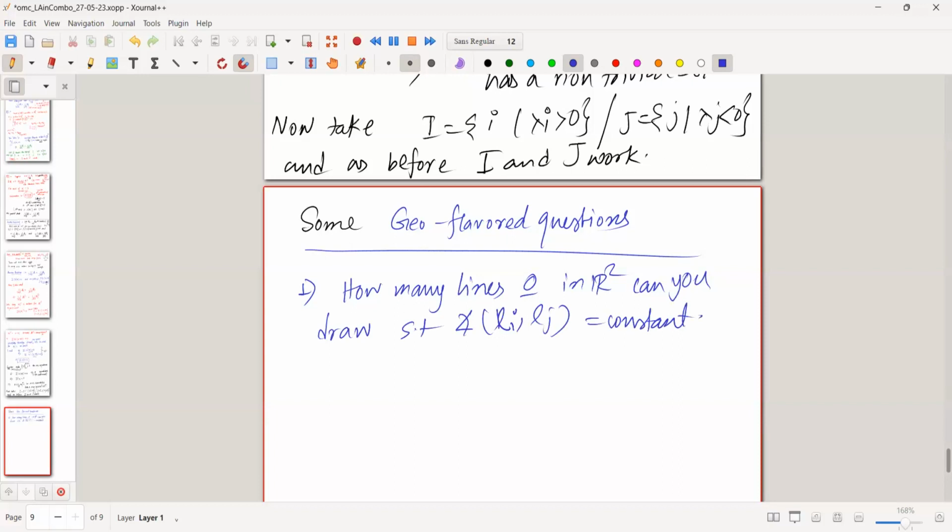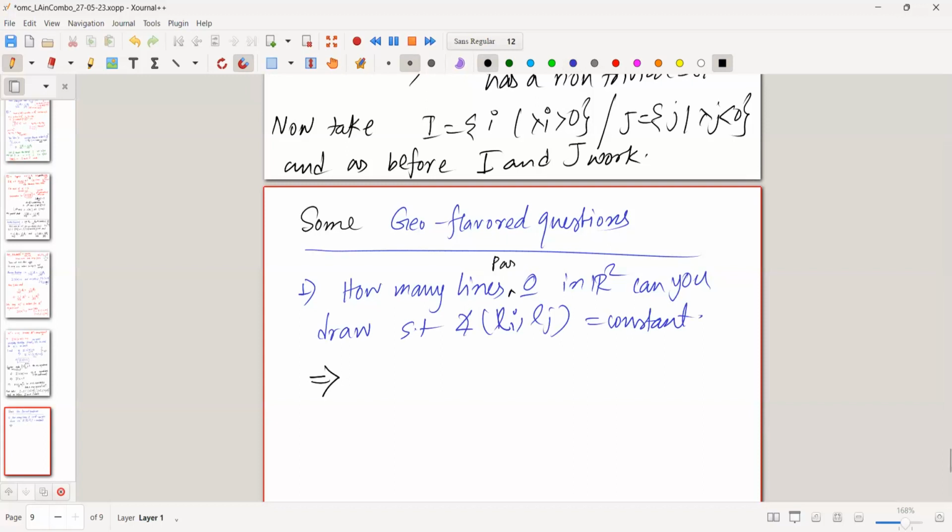What is the maximum number of lines you can draw in R2 such that the angle between any two of them is the same? Anyone want to answer?